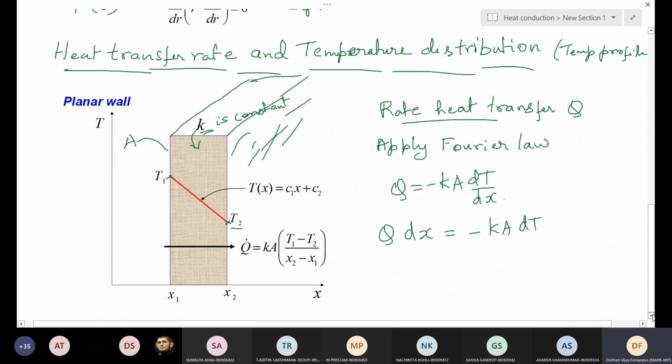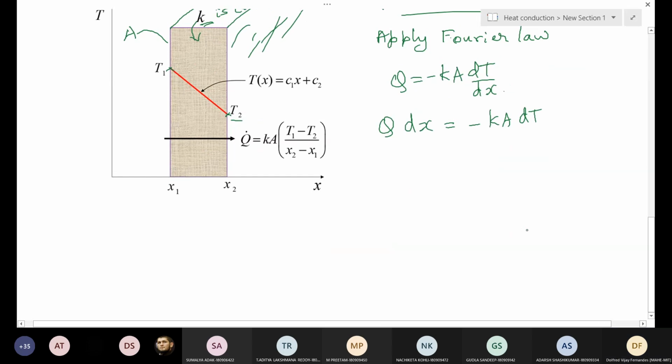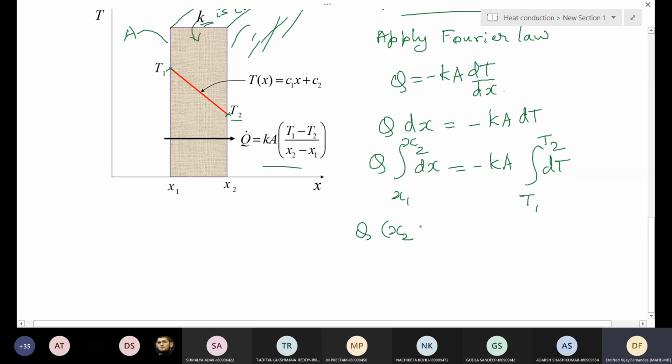Now integrate from x1 to x2. So you can integrate Q from x1 to x2 dx equal to minus KA integrate from T1 to T2 dT. So you will get this equation: Q into x2 minus x1 equal to minus KA into T2 minus T1.